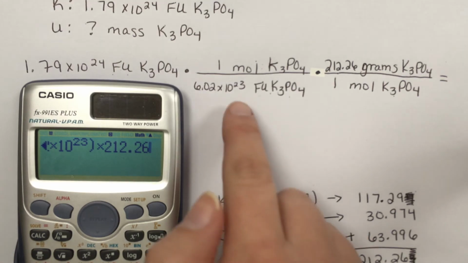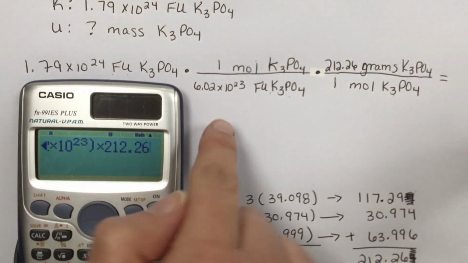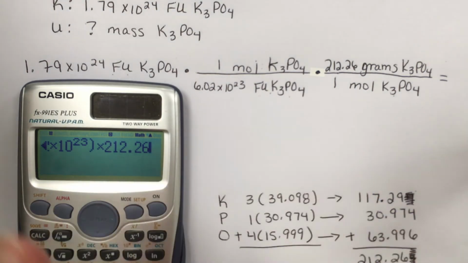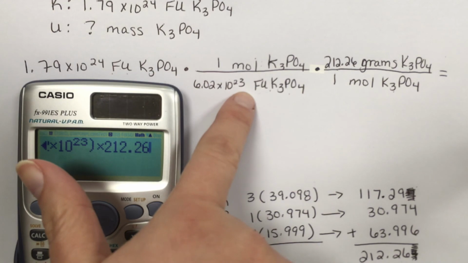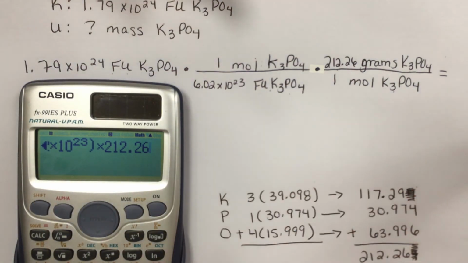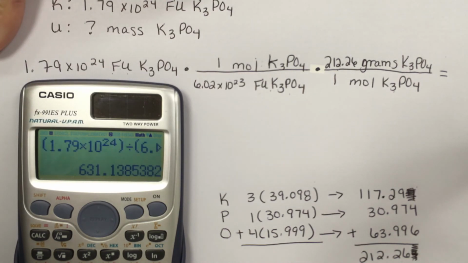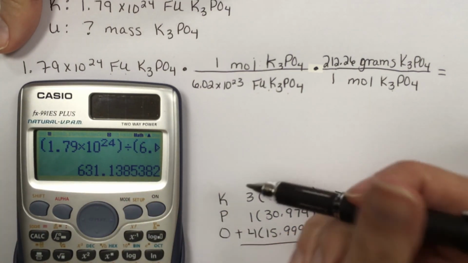Or you could even do it in your head if you are okay with dropping these exponents. If you wanted to drop the exponent, you could do 24 minus 23, and then the exponent is 10 to the first. But it's all up to you what you're comfortable with. This is what I'm comfortable with, and so that's what I'm sticking with.